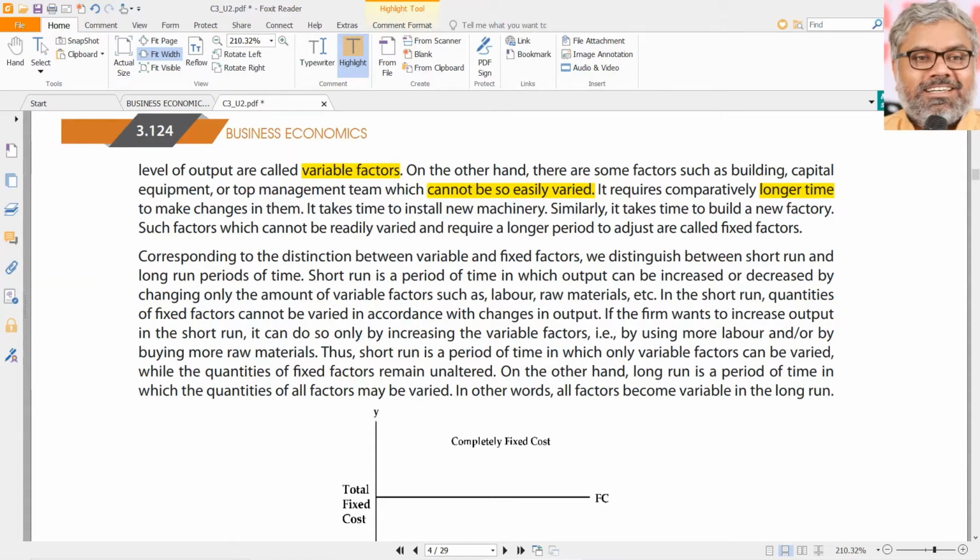Like for example, to install new machinery, to purchase, it may take a lot of time. Or to build a new factory, it will take a lot of time. So these factors which cannot be readily varied and which require a longer period to adjust, those are called as fixed factors.